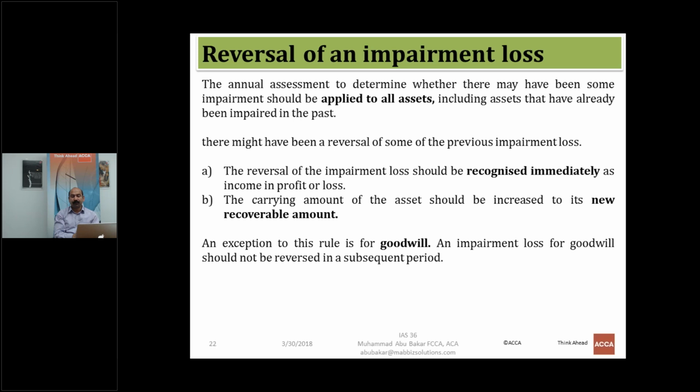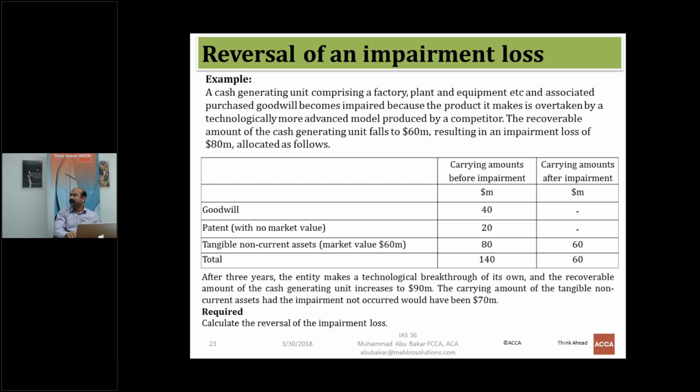An exception to this rule is for goodwill, and impairment loss for goodwill should not be reversed in a subsequent period. But for the rest of the assets, you can reverse the impairment loss if there is an improvement in the recoverable amount subsequently. So this was also a rule which we learned earlier, but we can use this example to practice this reversal of impairment loss.